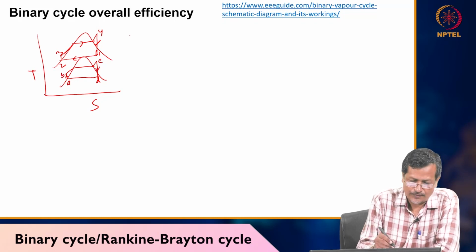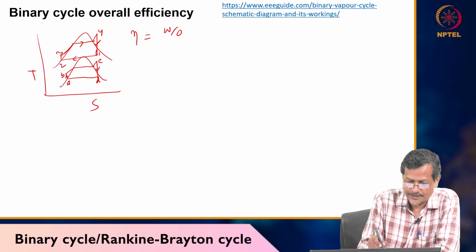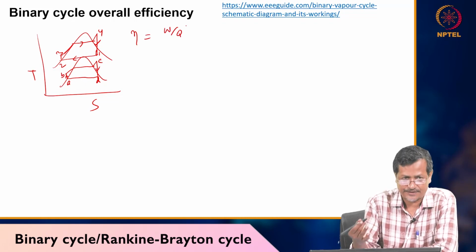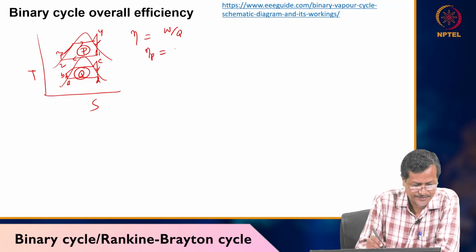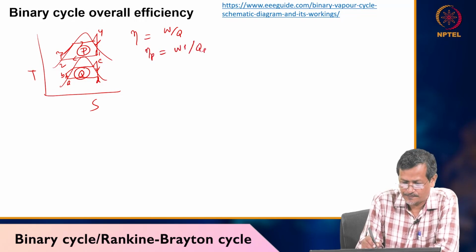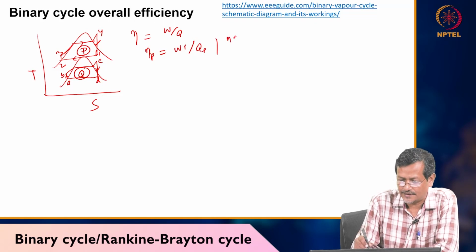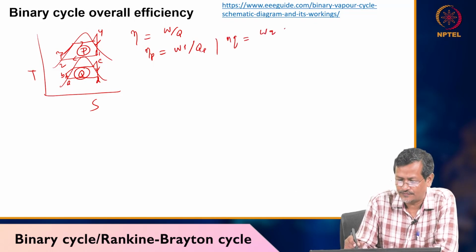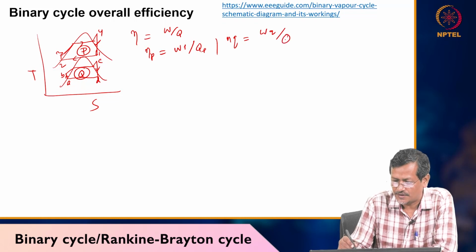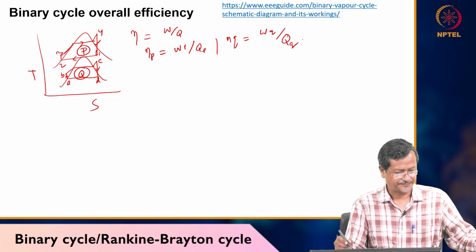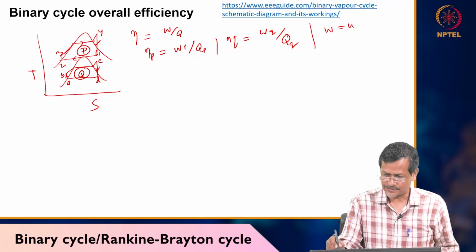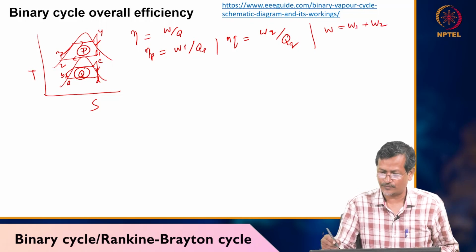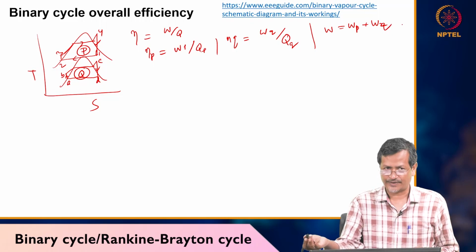Now eta equals W by Q, net work output divided by heat input, right? This is the P cycle, this is the Q cycle, we are assuming. So eta P equals WP by QP input, and eta Q equals WQ by QQ. Now the total work output, W equals W1 plus W2, or WP and WQ we can add.